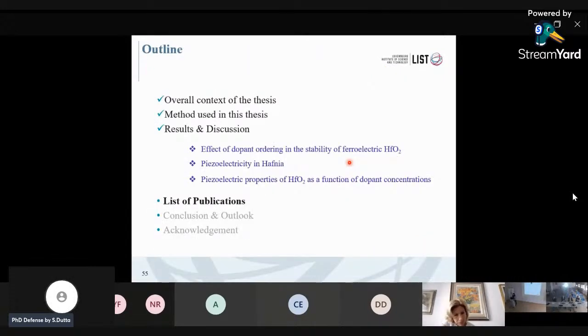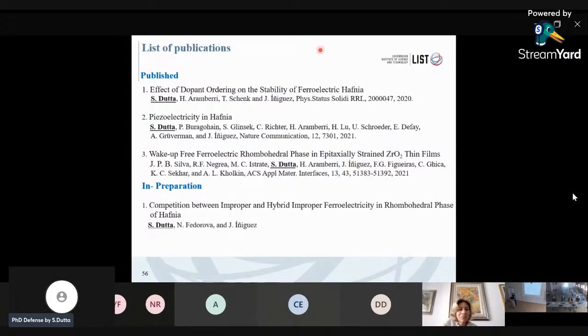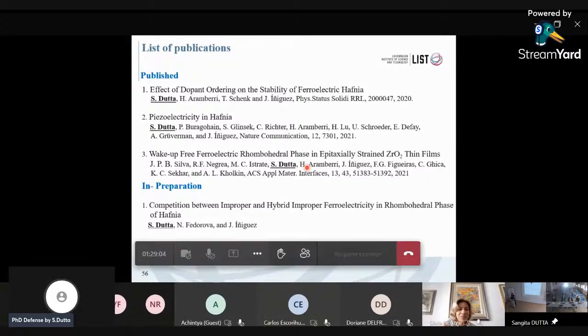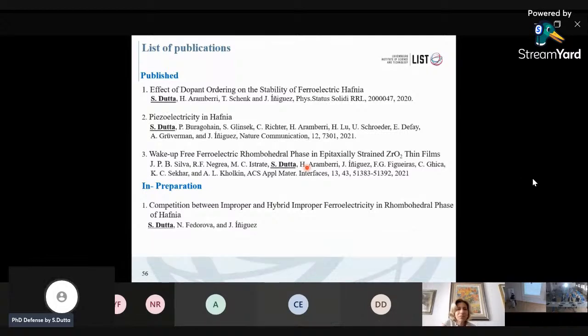So with this, let me show the list of publications from this PhD. These two works I have just explained, and this is the work we did in collaboration with an experimental group, where we studied another polar polymorph. It has been proved that hafnia also presents another ferroelectric phase. In this study, we did a similar thing in zirconia, and we helped them understand the result by first principles calculations.